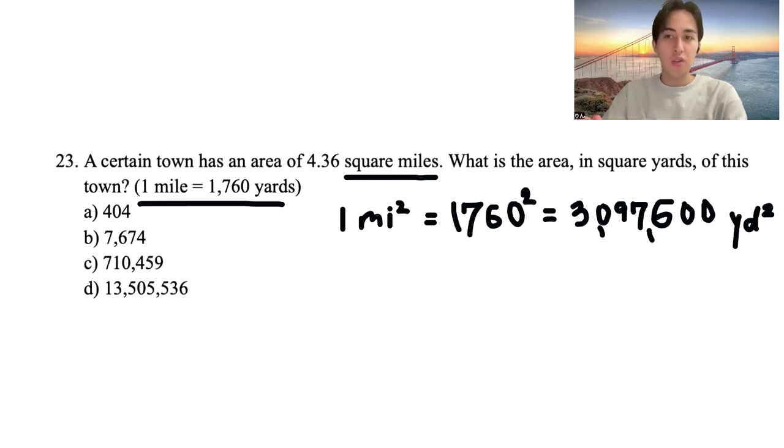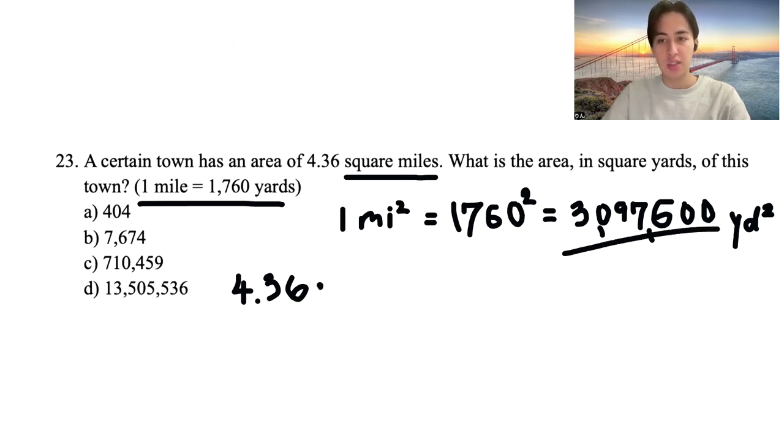Now that we have the new conversion rate, we can actually use this and apply it to the 4.36 square miles. So you have 4.36 square miles, then you multiply it by this number, 3,097,600, which is 3.0976 million.